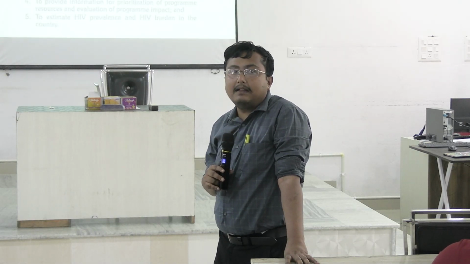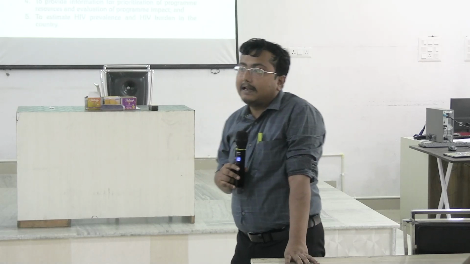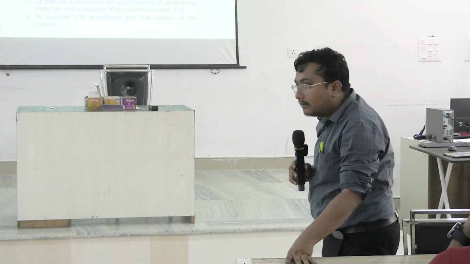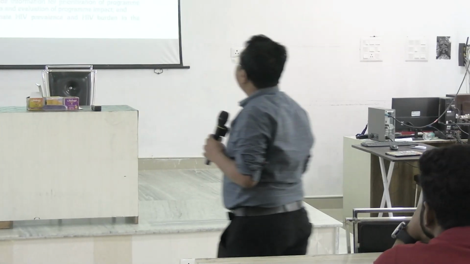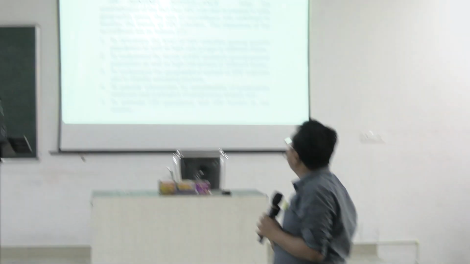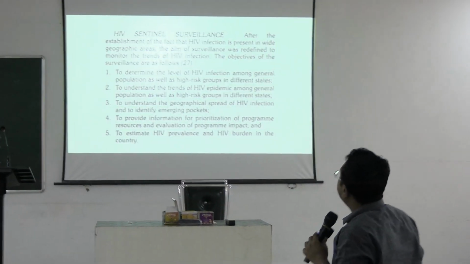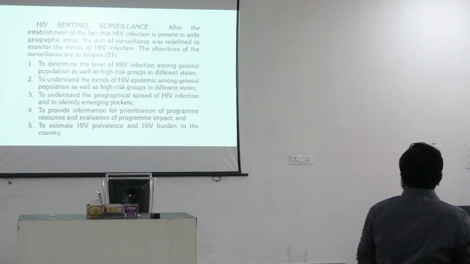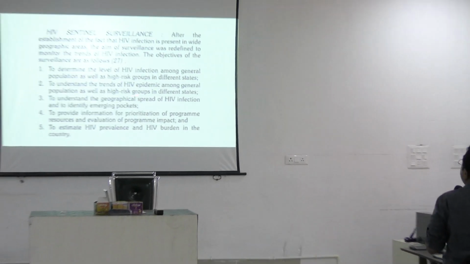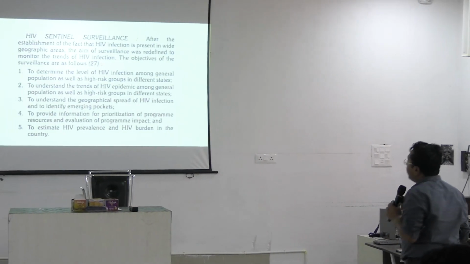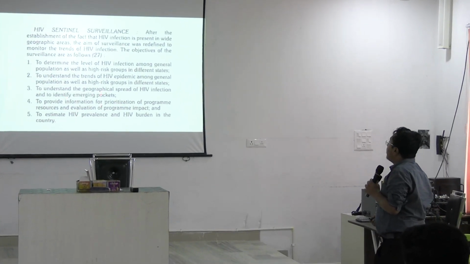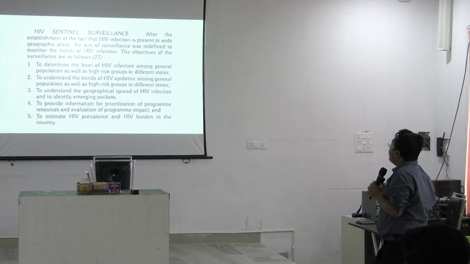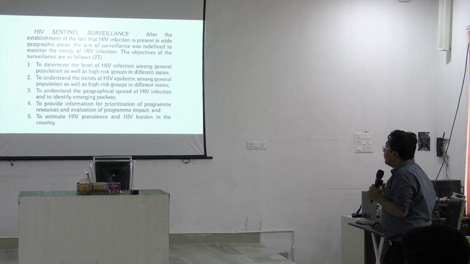Okay. So there are actually 5 types of AIDS surveillance in our country. What are the objectives of any sentinel surveillance? First, to determine the level of HIV infection. Second, to understand the trends of the HIV epidemic. Third, to understand the geographical spread of HIV infection.